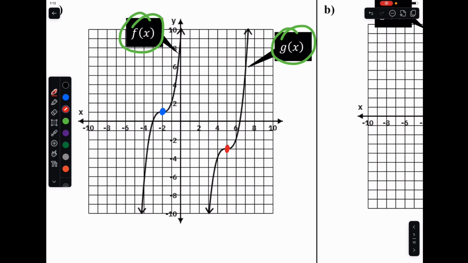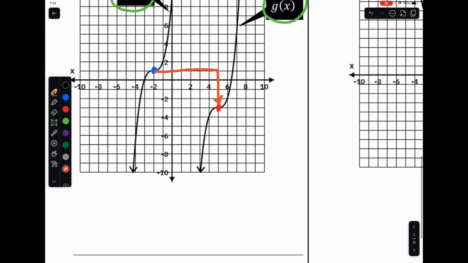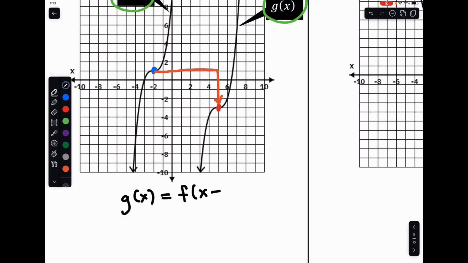So let's see what direction we're moving. We're obviously, first of all, moving to the right, and we're moving down. So to the right and down. So let's start off with the equation for g. That means that g of x will equal f of x. Since we're moving to the right, that would be minus some number, and since we're moving it down, I'll close the parentheses, and then minus some other number out there.